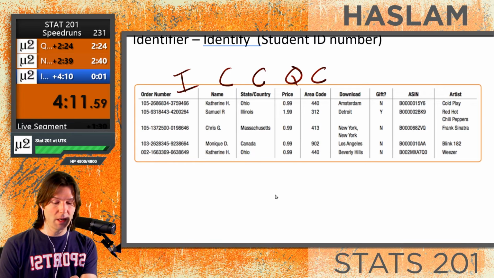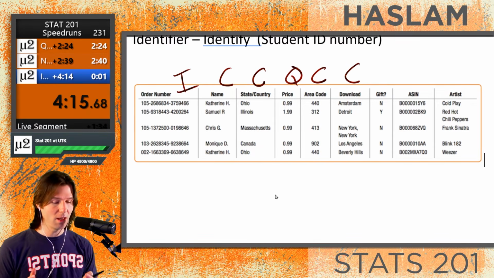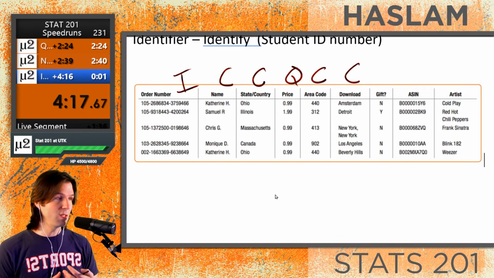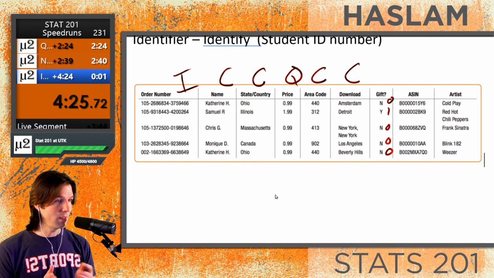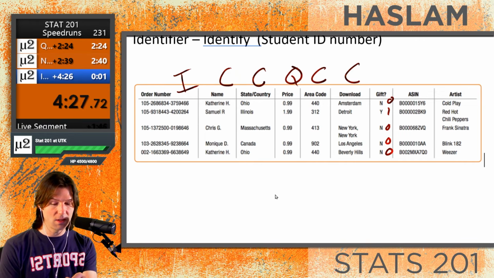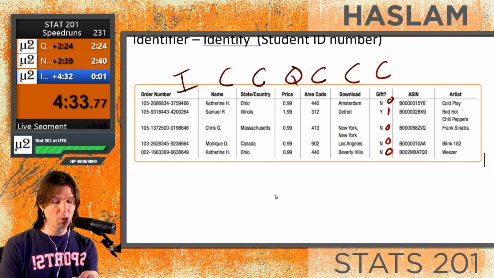We look at the download they have. This is categorical because it can repeat. It doesn't identify anything within here. We have the gift, and one thing to note is gift could be a binary with zeros and ones. Sometimes we do that, where these are yeses and nos, but it's not like yes is one more than no. So this is categorical. And lastly, we have Amazon store identification number, and this is for their products.